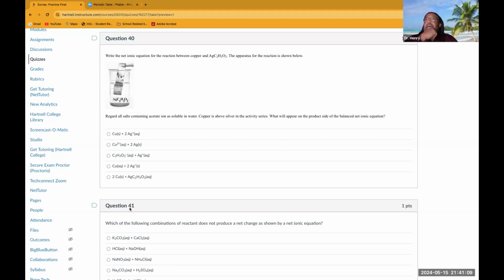Let's see. The net ionic equation for the reaction between copper and silver acetate. The apparatus for the reaction is shown below. Regarding all the salts containing acetate ions as soluble in water, copper is above silver in the activity series. What will appear on the product side of the balanced net ionic equation?